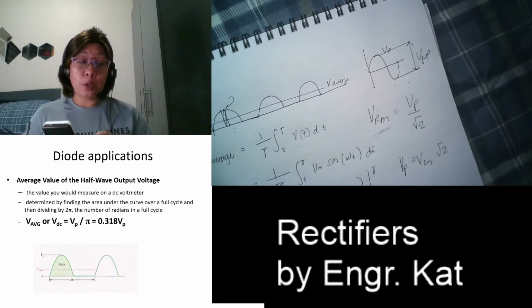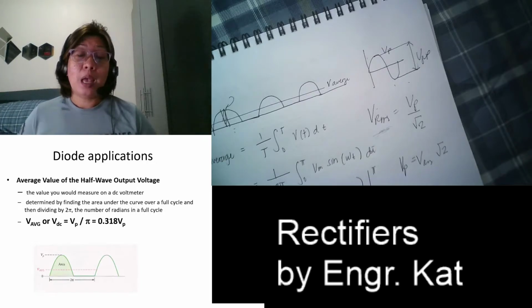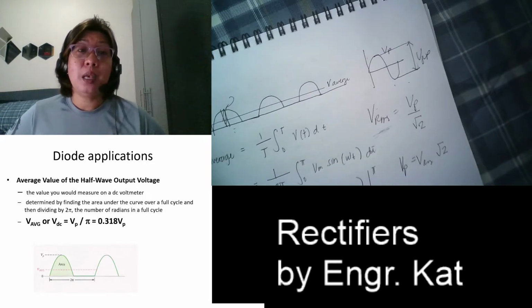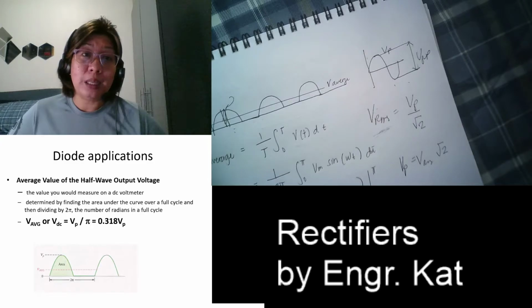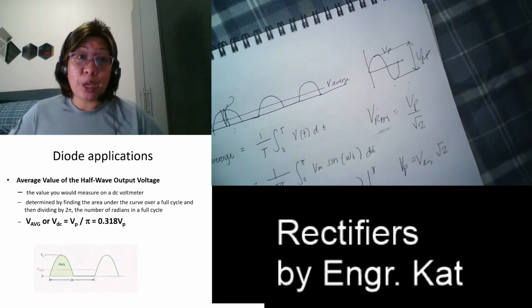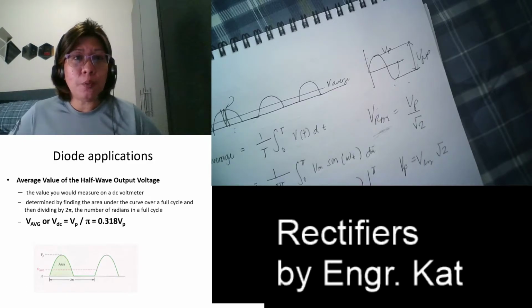So when your appliances are connected to that, there's a tendency that your appliances will be destroyed because they are rated at just 220. So sometimes we place voltage regulators, so that if we experience those surge voltages and currents, your appliance will still be protected.